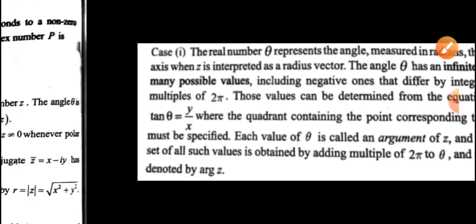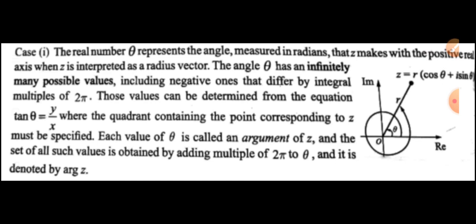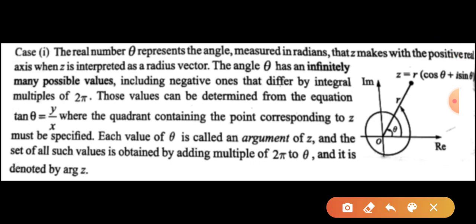Next, case 1. The real number theta represents the angle measured in radians that z makes with the positive real axis when z is interpreted as a radius vector. The angle theta has infinitely many possible values, including negative ones, that differ by integral multiples of 2 pi.